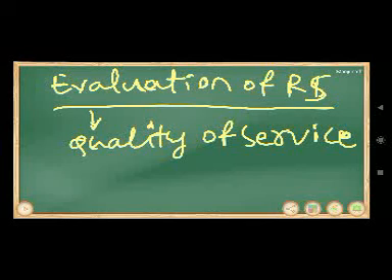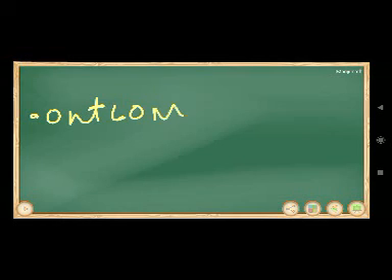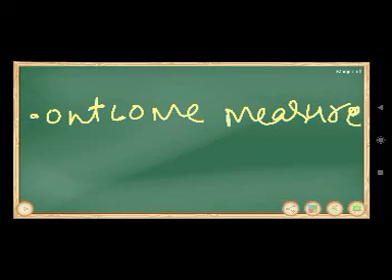So one of the evaluations involves outcome measurements. Outcome measures means that you are going to analyze the result that you provided to the user, the quality of answers or whatever your response to the users.